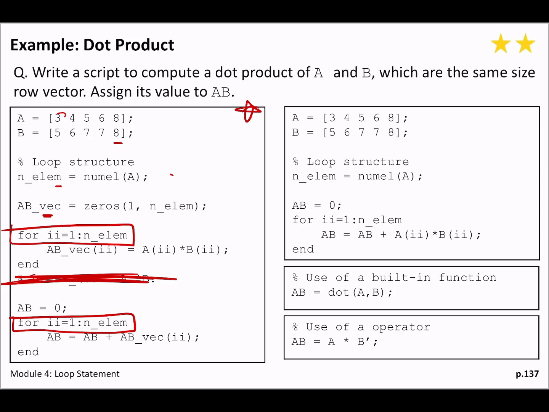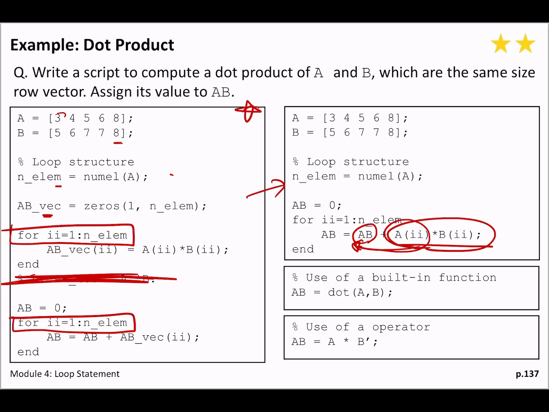In this case, we can directly sum this element-wise multiplication to the AB. Accessing the values at the i location of A and B, then multiplying and adding those values to the AB.